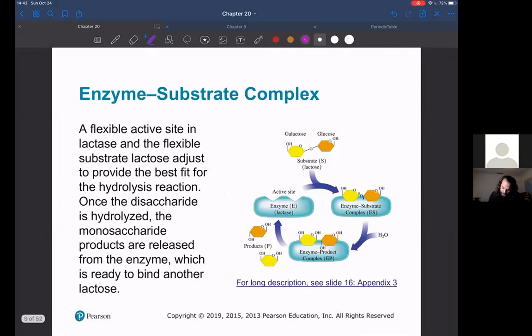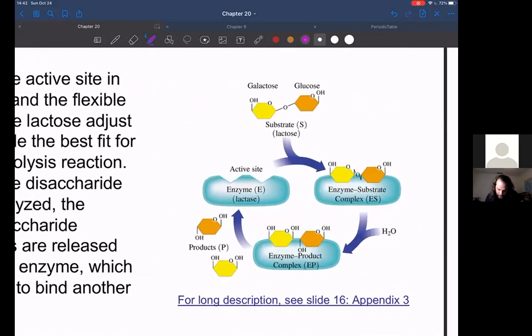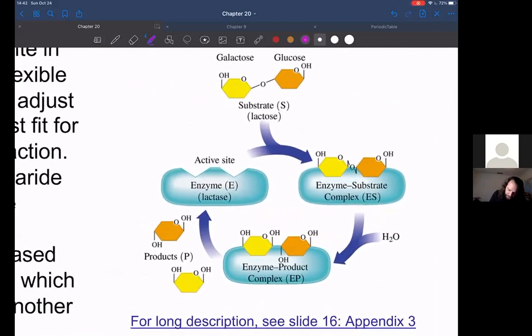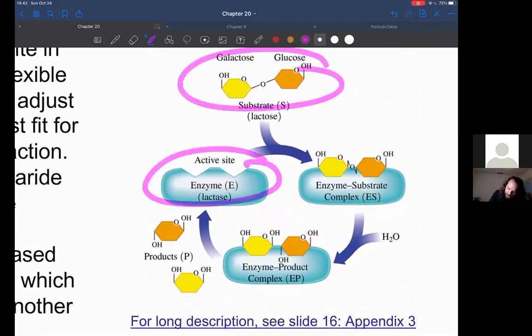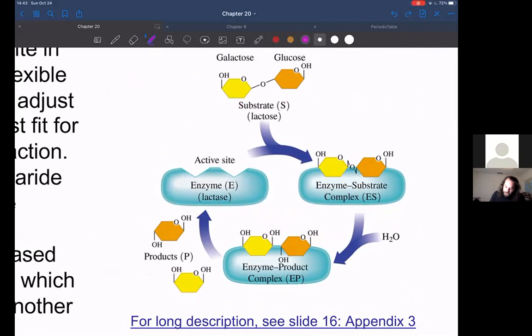So this is an example using lactase. The first step is that we have our enzyme by itself and the substrate by itself. In step one, we have the binding of that substrate, which forms our enzyme substrate complex. Then something magical is happening at this active site that cleaves, hydrolyzes, that disaccharide bond.